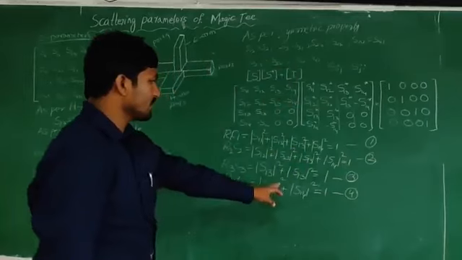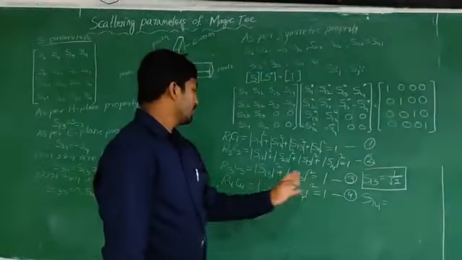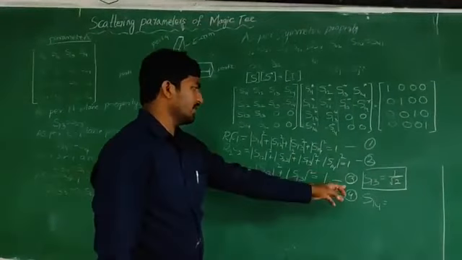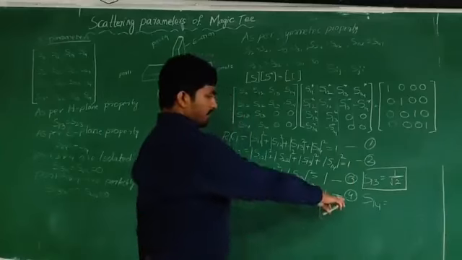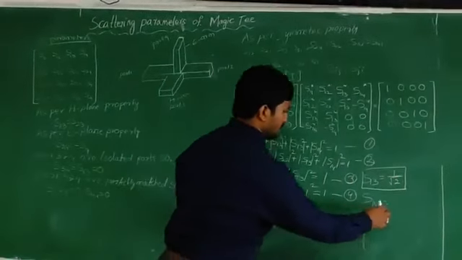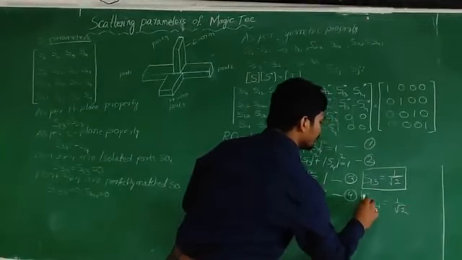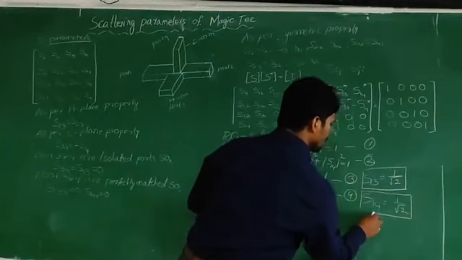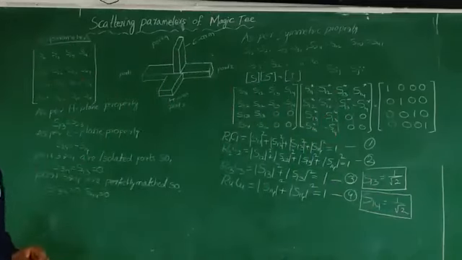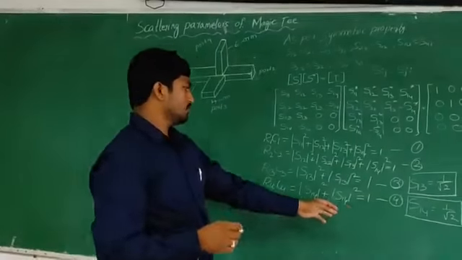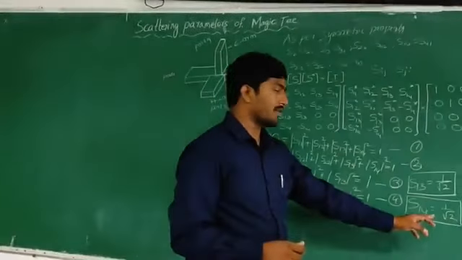From equation number 3, we can find the S13 value: S13 equals 1 by root 2. From equation 4, we can write S14 equals 1 by root 2. We got the S13 value and S14 value from 3 and 4.